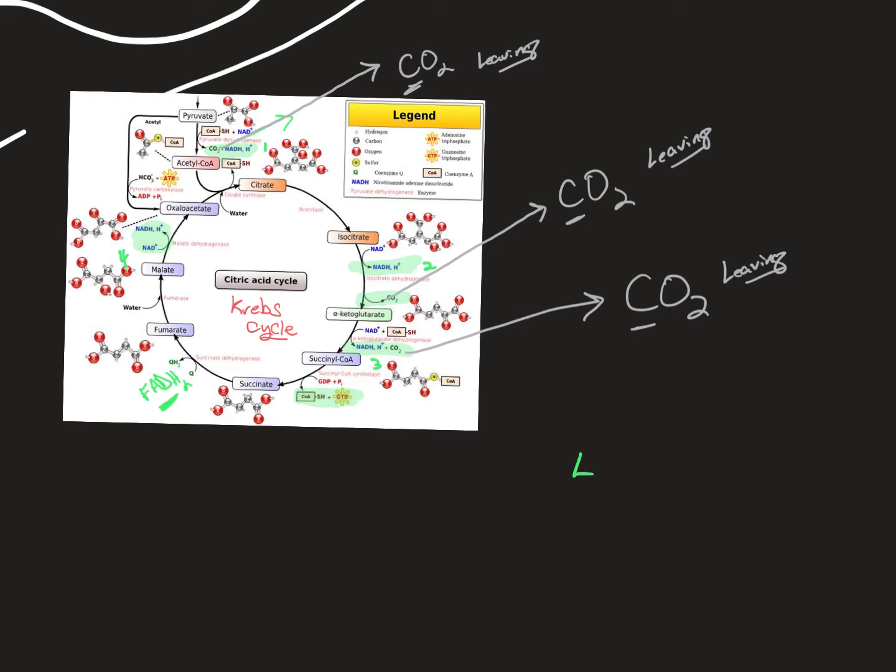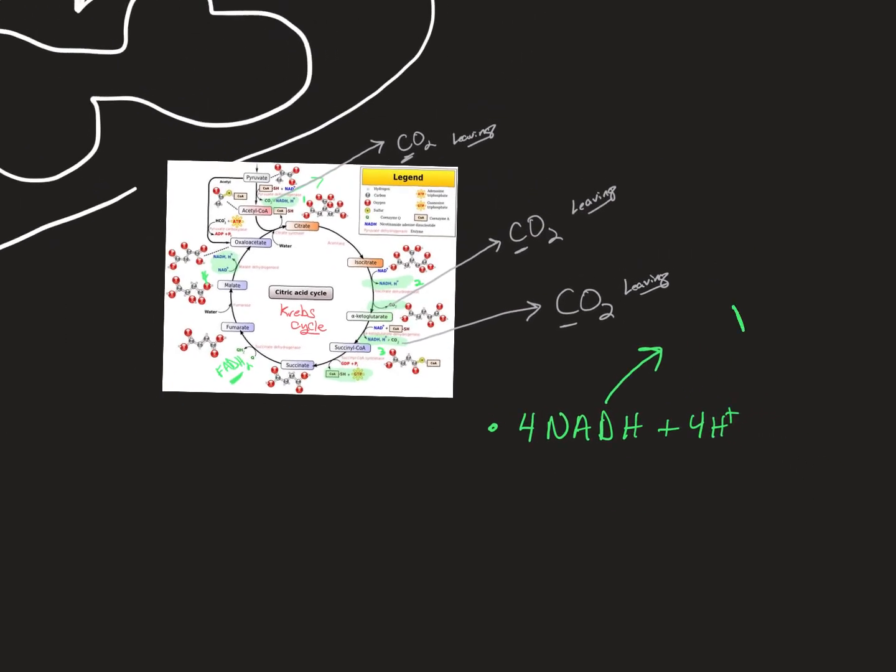So you're making 4 NADHs plus 4 hydrogen ions. Those are all going to, just like the other NADHs, be electrons being carried to the electron transport chain. And you're also making 1 FADH2.